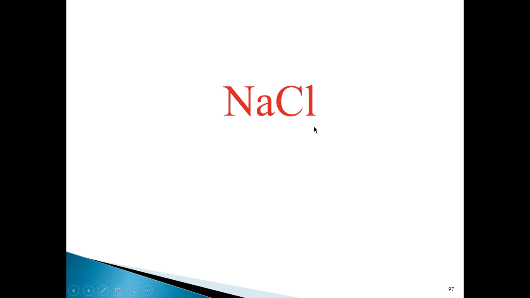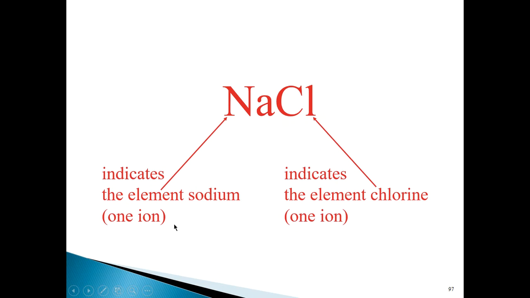So for example, in this formula here, we have NaCl. There's no number indicated as subscripts for both sodium and chlorine. Therefore you can conclude that there's one sodium ion for every one chloride ion that is present, right? So that's how you interpret this formula.